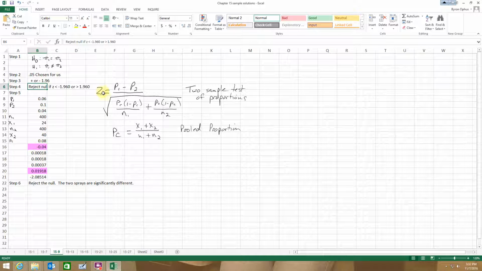So I go through the math again to find Z. Here's my formula. I also have my pooled proportion, which I have down here, which is 0.08, and I come up with a minus 2.085. Well, that is less than minus 1.96, and so I'm going to reject the null, and I'm going to conclude in my case that the two sprays are significantly different. There you have 15.10.